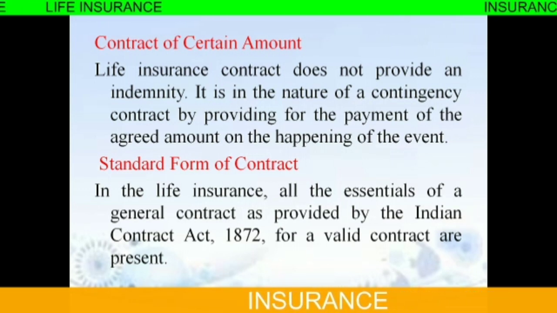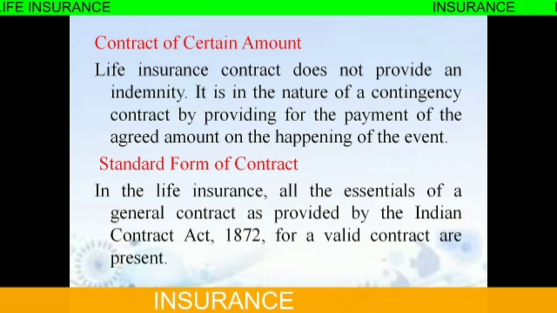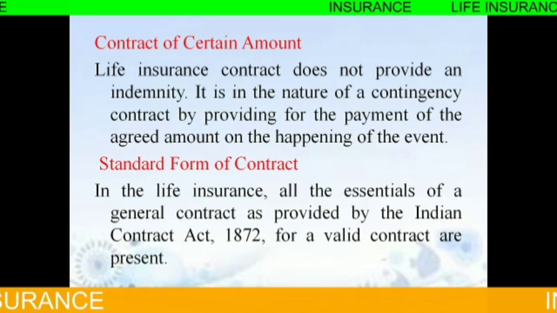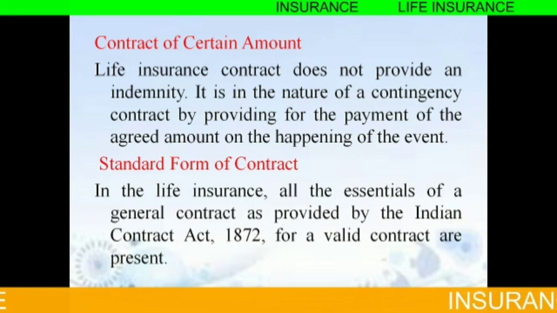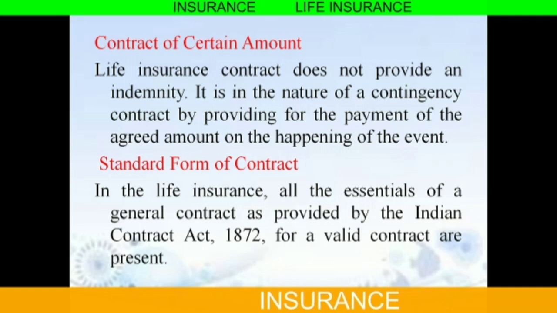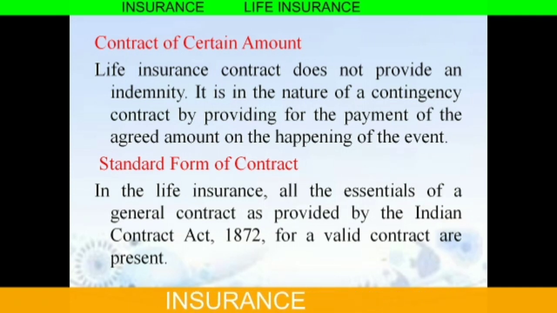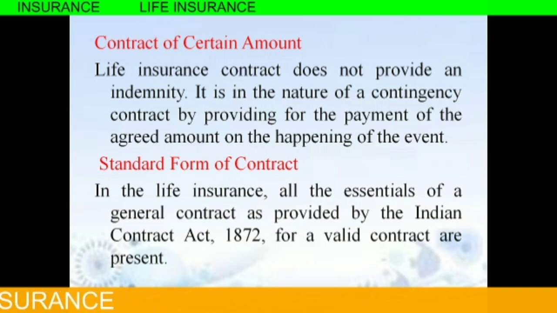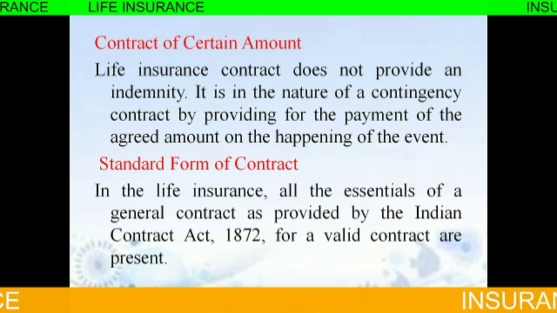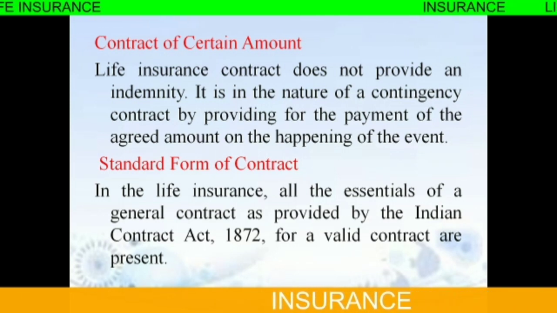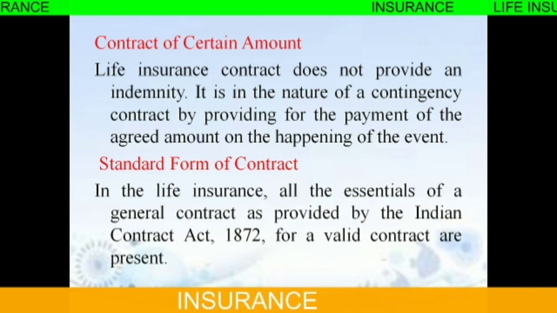There will be a certain contract for paying a certain amount. It does not provide any guarantee, because the life insurance company is not providing any guarantee for the life of any person. If something happens to the person, the company will compensate for the financial stability of the family members. That is the only guarantee given by the life insurance company.